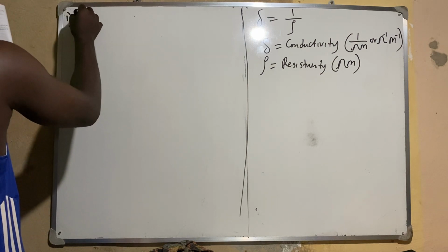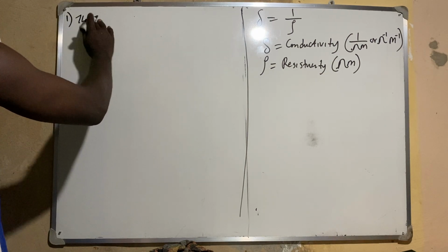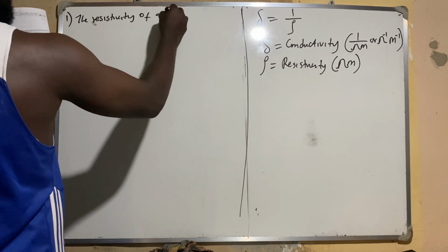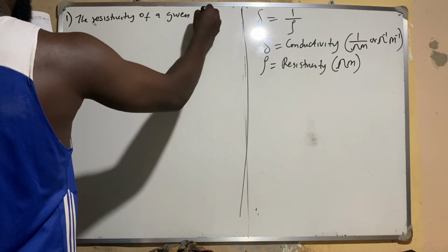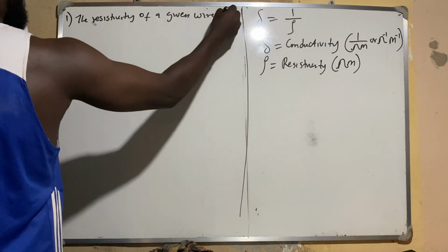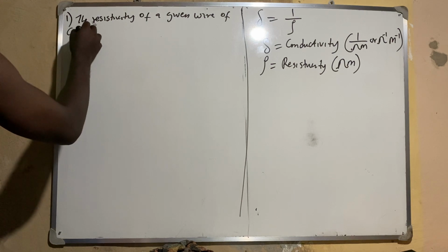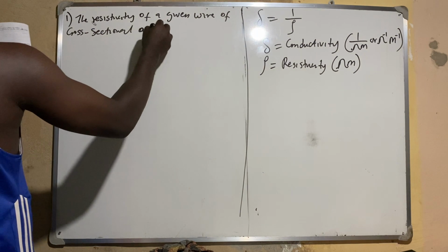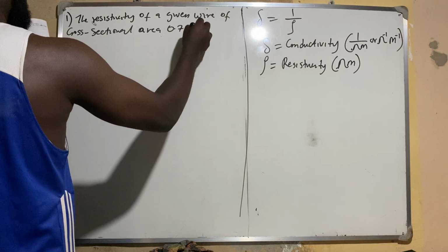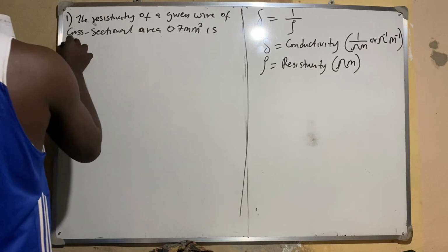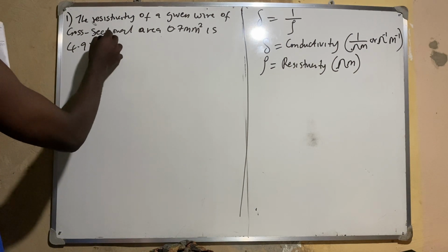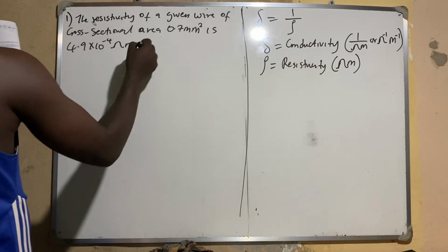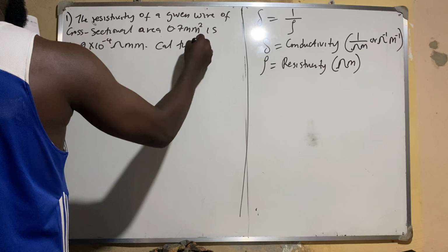The first question says the resistivity of a given wire of cross-sectional area 0.7 millimeter squared is 4.9 times 10 raised to power minus 4 ohm millimeter.